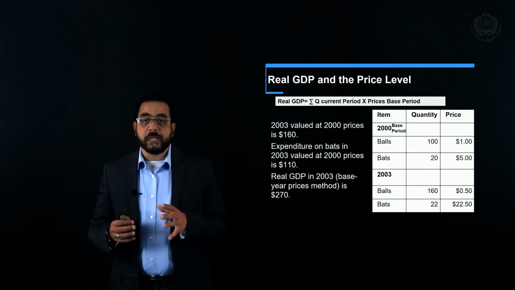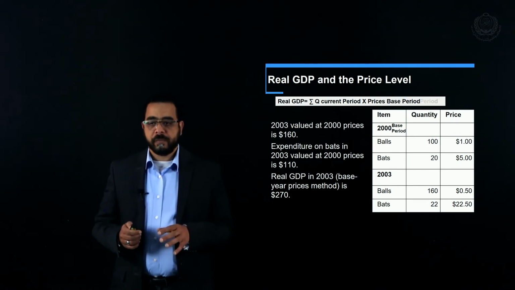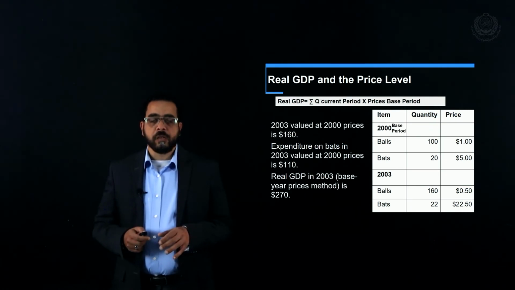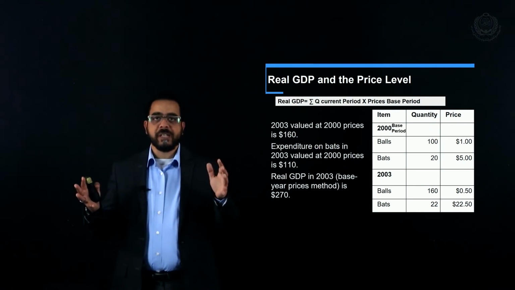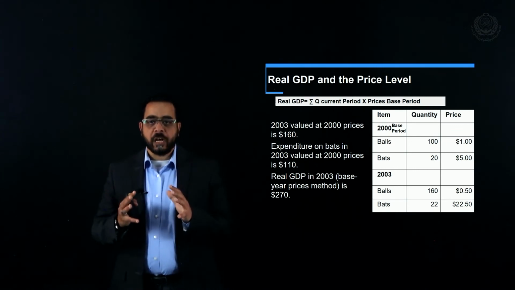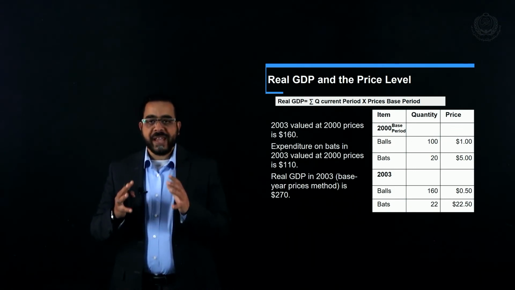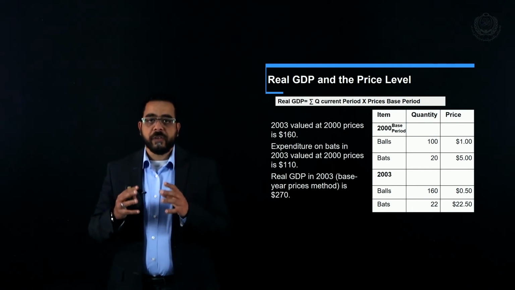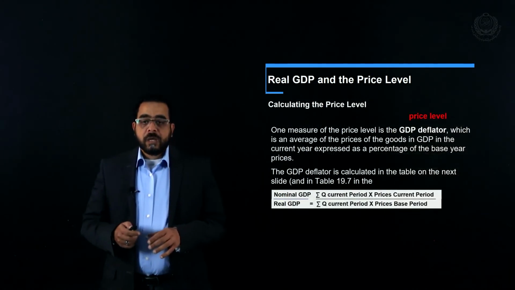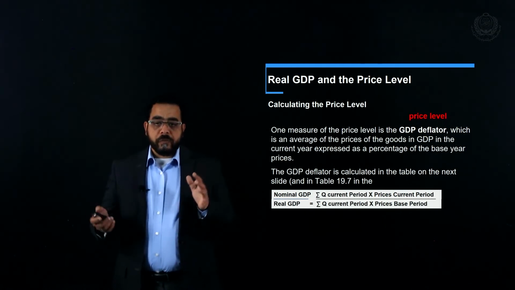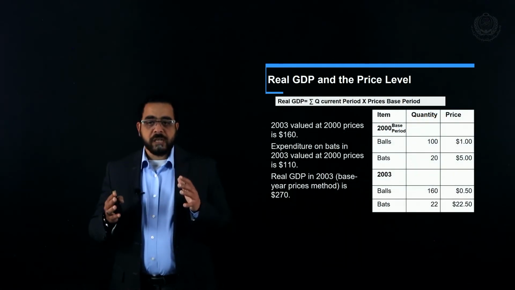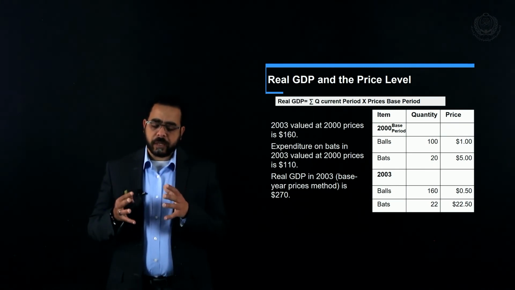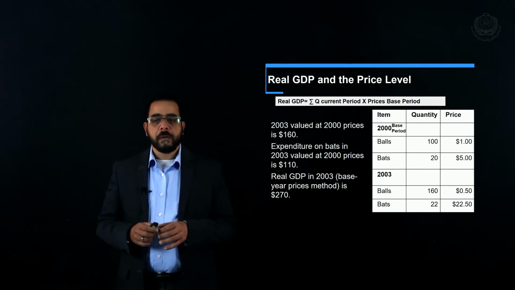If we compare the two numbers, the nominal GDP was 575 and the real was 270. What happened here is that the GDP went down to its real value after extracting the effect of the prices. So the real GDP is actually the current quantities times the base year prices.